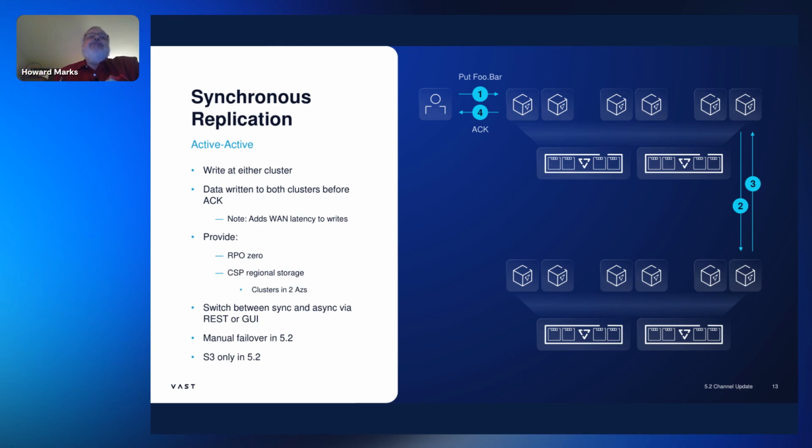It's not a solution to data availability yet. We only have manual failover. We don't have an external quorum or witness noticing that things failed over and noticing that one of the clusters failed and automatically failing over to the survivor. And in 5.2, this is a solution just for S3. Other protocols will come in future releases.